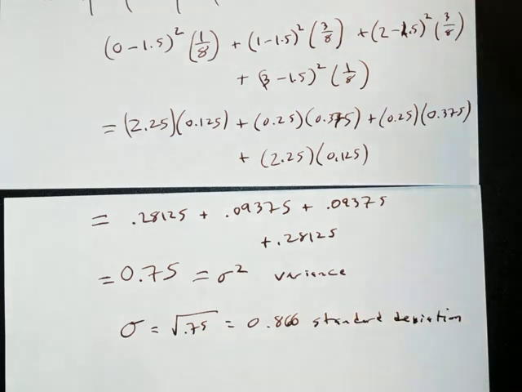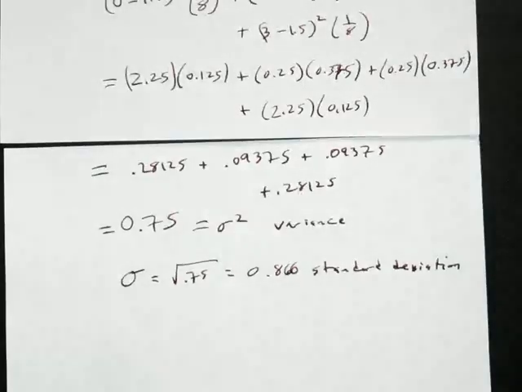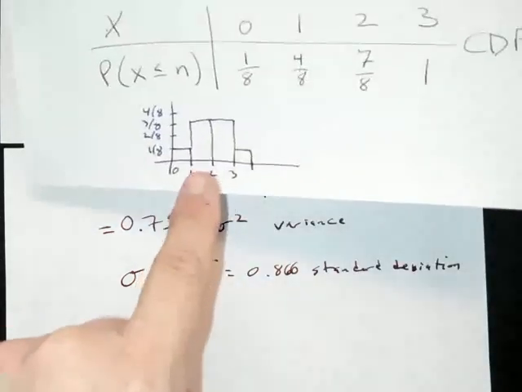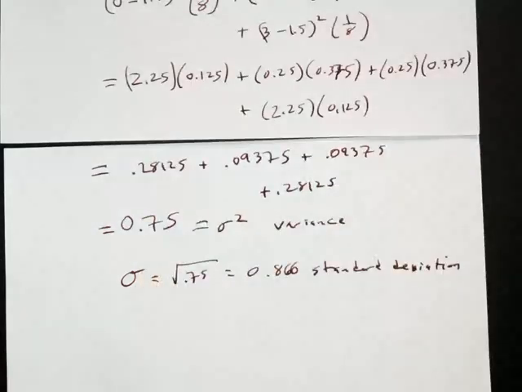Hey, wait a minute. The histogram we drew for this picture has that sort of normal shape to it, doesn't it? So maybe the standard deviation and the mean relate to how this looks as a normal.